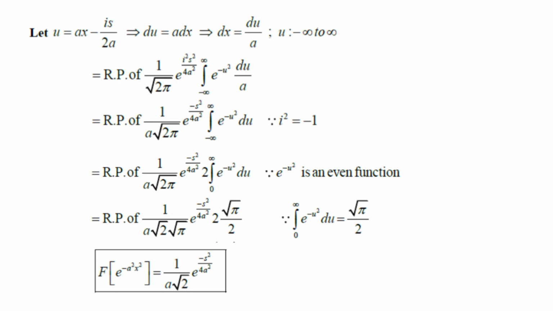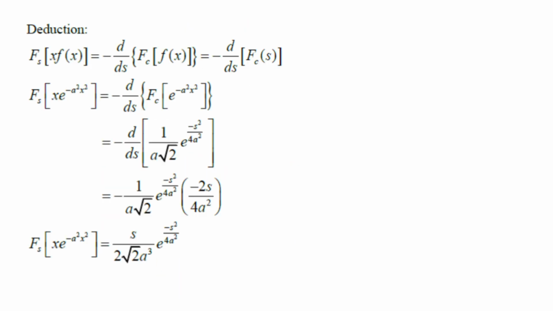The integral of e power minus u square du from 0 to infinity equals square root of pi by 2. Substituting this value, the Fourier cosine transform of e power minus a square x square equals 1 by a root 2 into e power minus s square by 4a square.